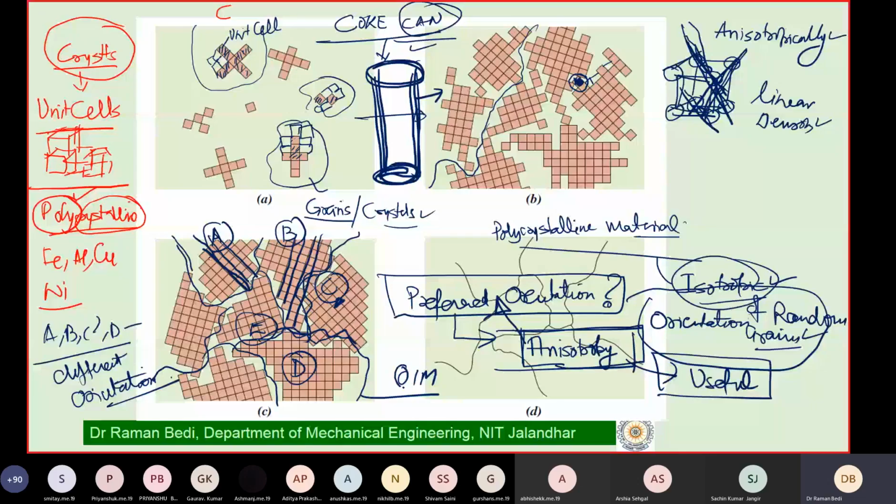Another name for that is EBSD, electron backscatter diffraction, which is an attachment used for your FESEM or SEM, scanning electron microscope. With the help of a scanning electron microscope and an EBSD attachment, we may be able to find out the relative orientation of these grains, which otherwise is quite difficult because these grains are too large in number. But we may be able to do it these days, and we do that. If you search on the internet, it can be helpful to you.